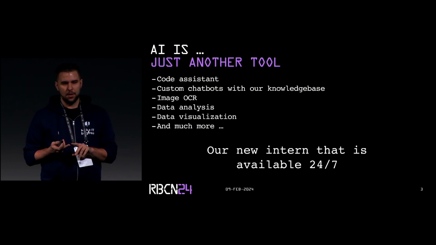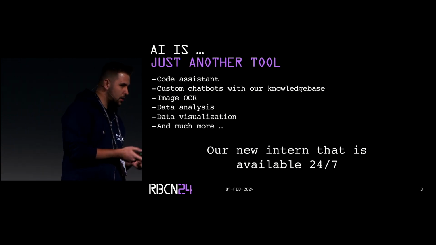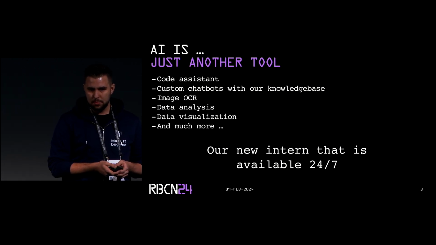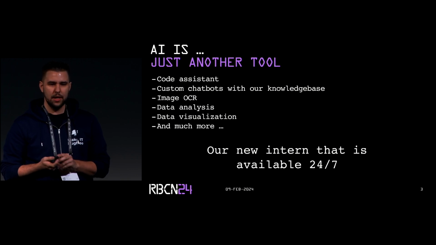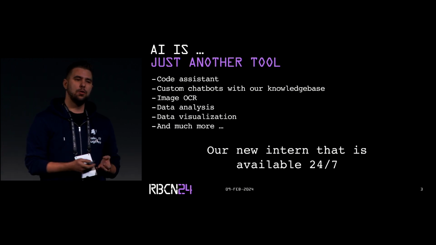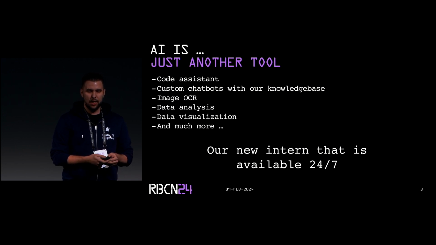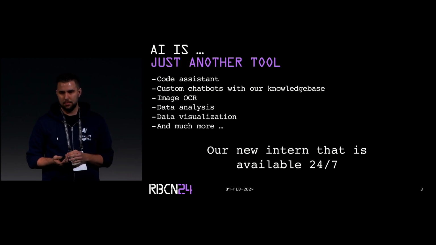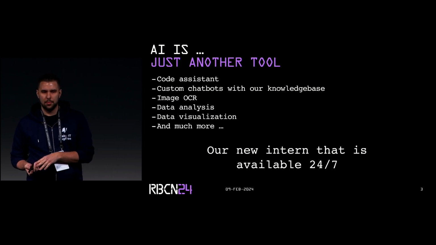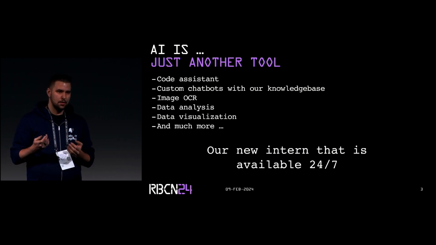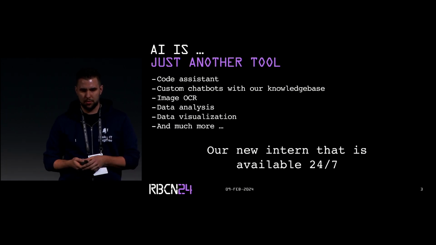It can help me write code using GitHub Copilot or other features, or I can create custom chatbots. Already with the existing tools, in a few clicks in the paid versions, I can create my own chatbot with my own knowledge base. So from the Robot Framework side, I can include maybe my whole project and ask it about the keywords. I can create a chatbot for my junior members, and the AI can explain how we are writing the code, what the correct structures should be.